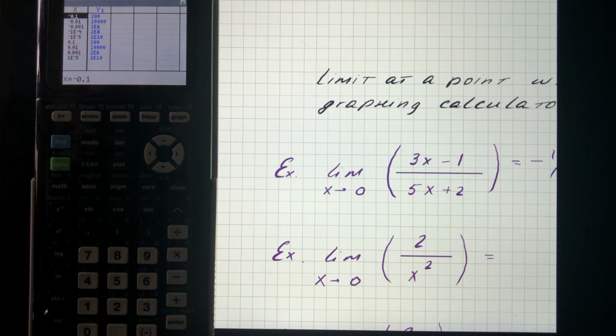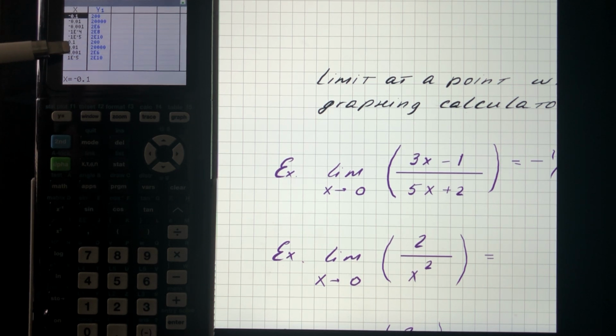So as we get closer to 0 from the negative side, from the left side, we're getting numbers that are getting big really fast. 220,000. That's 2 times 10 to the 6, which makes 2 million, and then 2 times 10 to the 8. So the numbers are getting humongous.